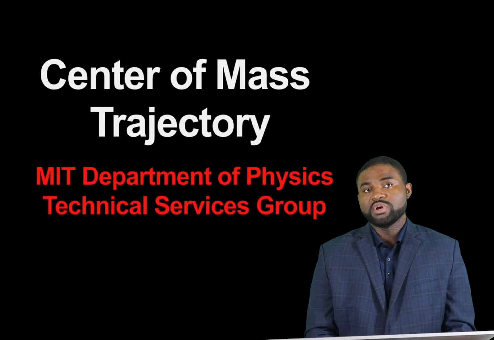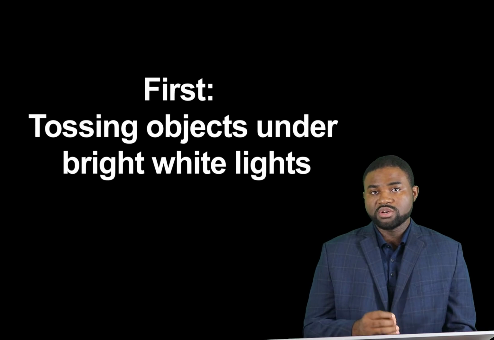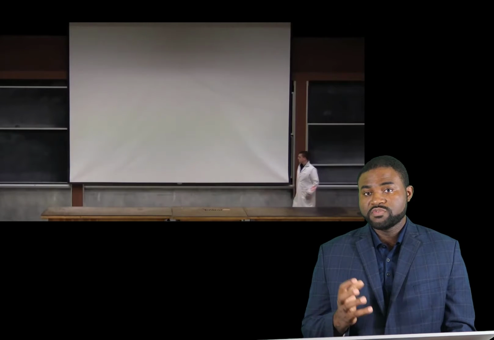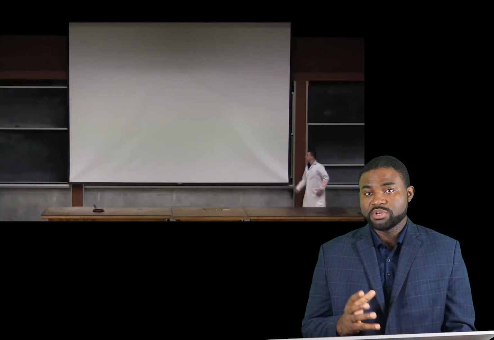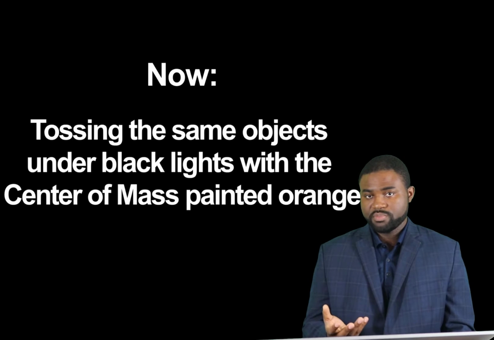In this demonstration, just observe the center of mass of the object as it is being tossed around. The first video will demonstrate the object being tossed around with the center of mass painted. Looking at the system as a whole, the motion will look very complicated.